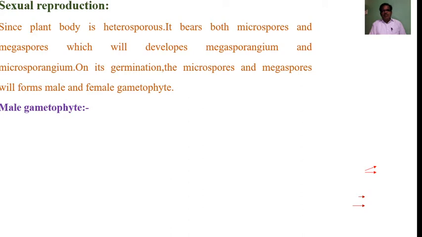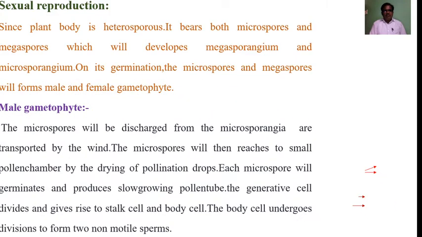On germination, these microspores and megaspores form the male and female gametophyte respectively. So at first we are going to concentrate on the male gametophyte.